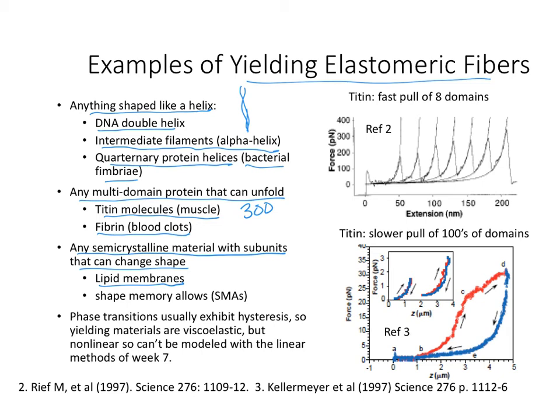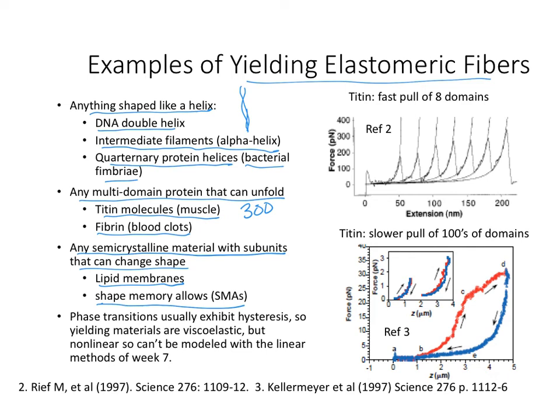Or the one non-biological example is something called shape memory alloys, which are crystalline materials that have two different crystal shapes that have different sizes, with a different crystalline packing, causing them to elongate in one direction and shorten in another. And these are often used to earthquake protect buildings because they absorb a lot of movement and energy as they change shape back and forth.